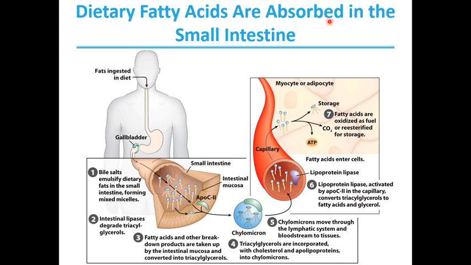Once an apolipoprotein binds a lipid, it's called a lipoprotein. So as you can see, the chylomicron, which is composed of these triacylglycerols and the lipoproteins, moves into the bloodstream. The protein moieties of lipoproteins are recognized by receptors on certain cell surfaces.